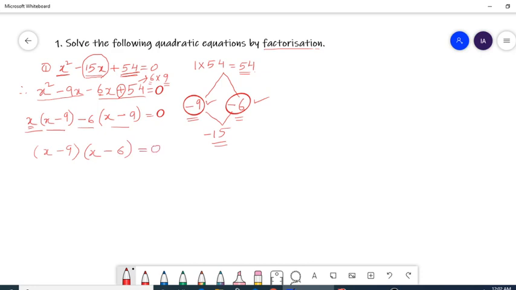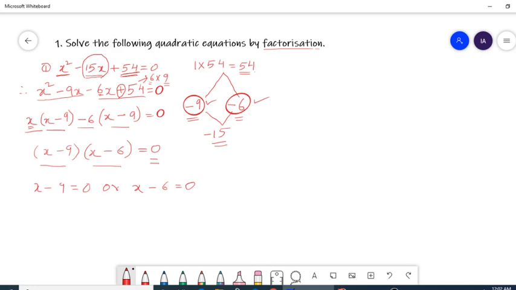As you can see, we have x minus 9, x minus 6, both are multiplying together, which is equals to 0. So in that case, you can say x minus 9 equals to 0, or x minus 6 equals to 0.